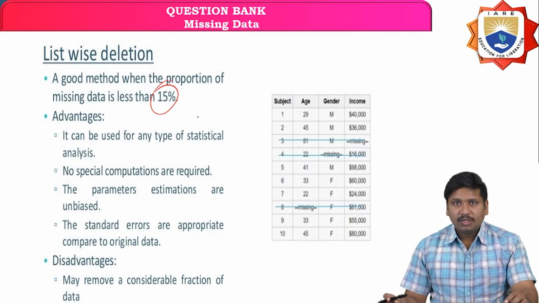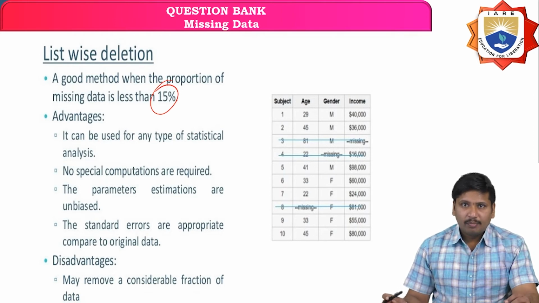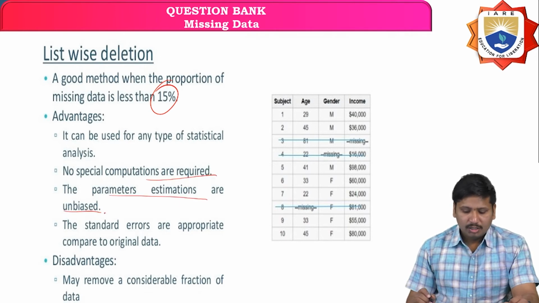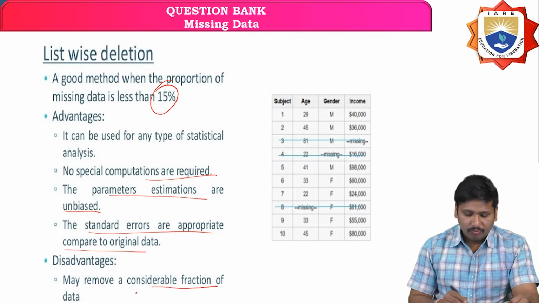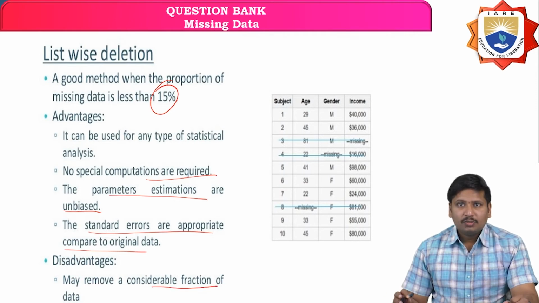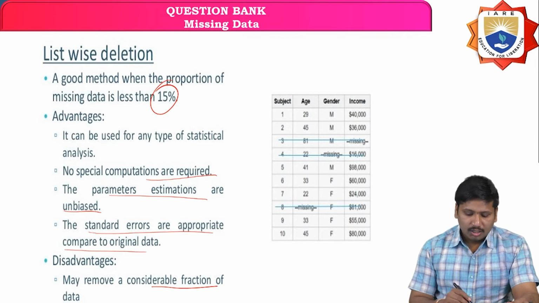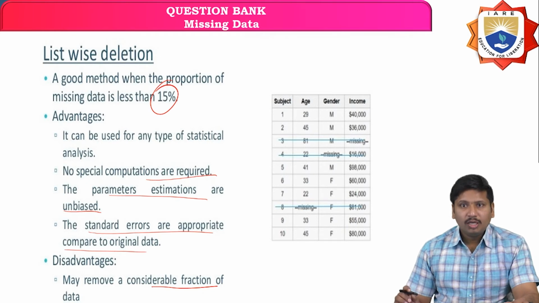The advantages are that it can be used for any type of statistical analysis, no special computations are required, parameter estimations are unbiased, and standard errors are appropriate compared to the original data. The disadvantage is that it may remove a considerable fraction of the data. So list-wise deletion is a very good method, but only when the proportion of missing data is small.